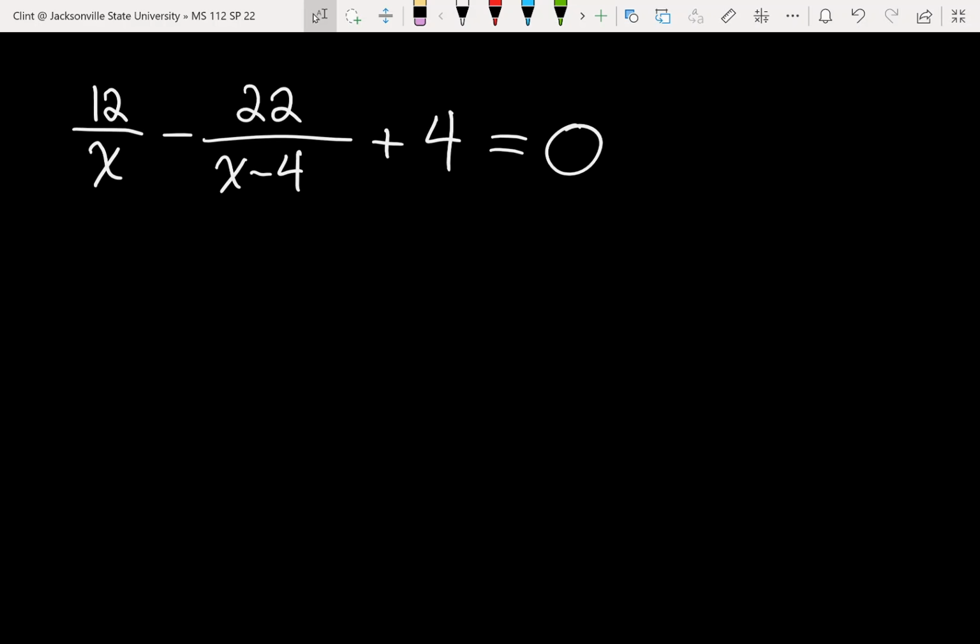Alright, so on this one, we run into the issue, how do we come up with a common denominator when we've got denominators with variables in there? We're looking for a least common denominator, hopefully.